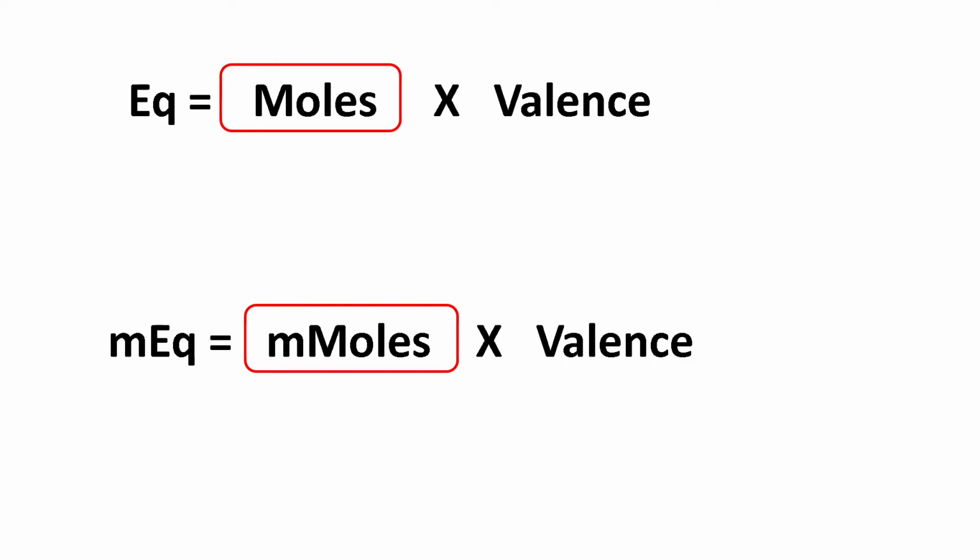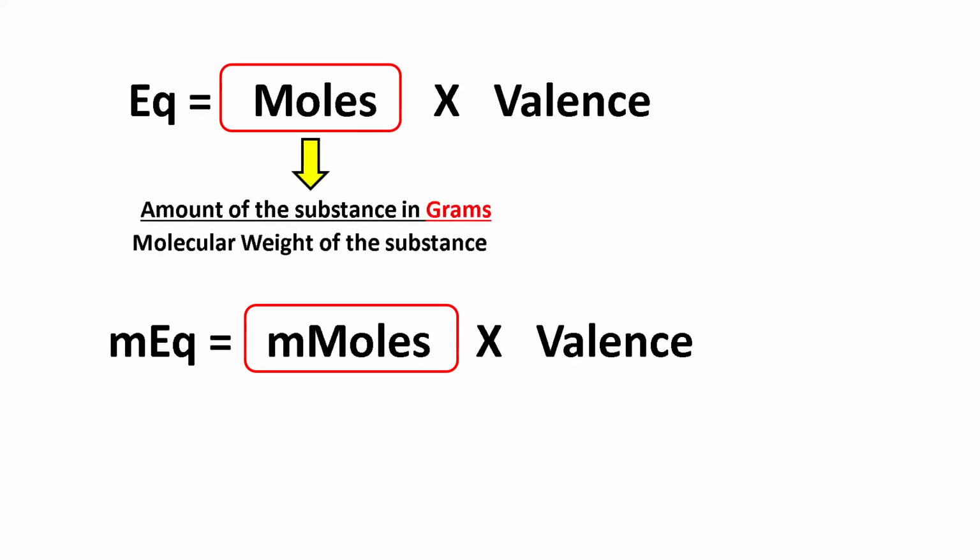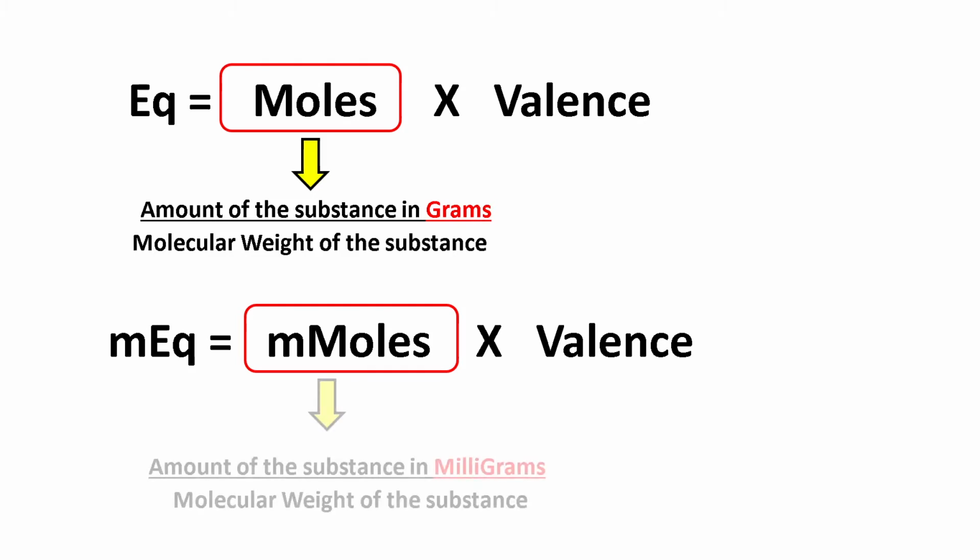When we consider milli-equivalent, we consider the number of millimoles that are there in the solution. For moles, we consider the weight and the molecular weight in grams. For milli-equivalents, we consider the weight and the molecular weights to be in milligrams. Just keep this in mind.